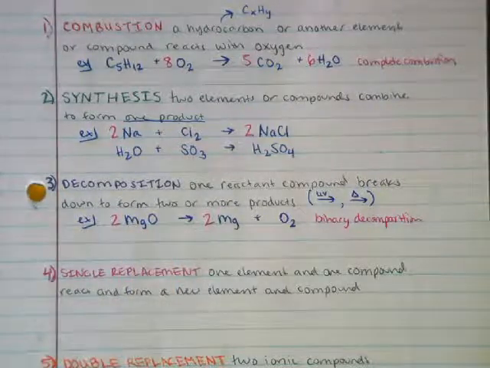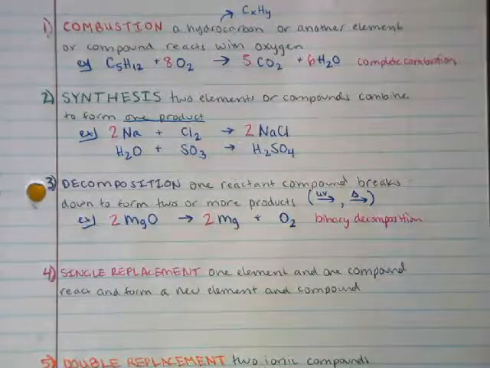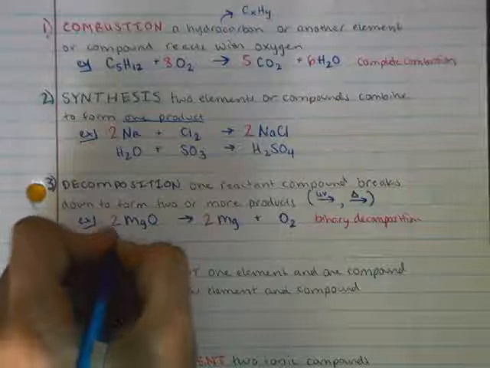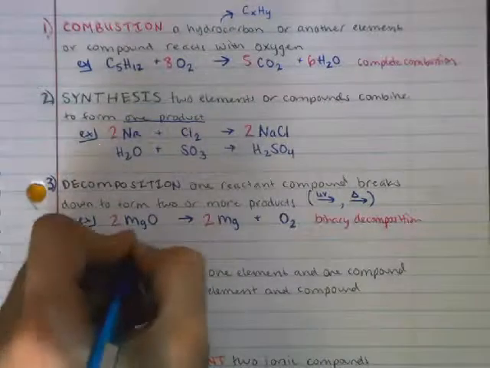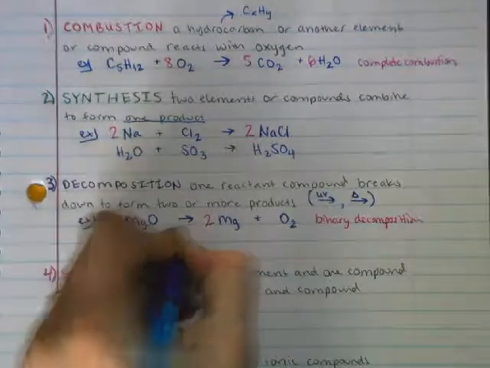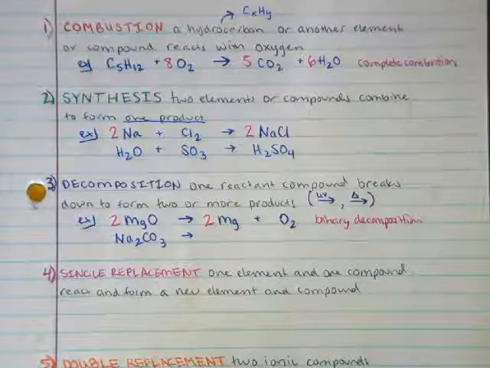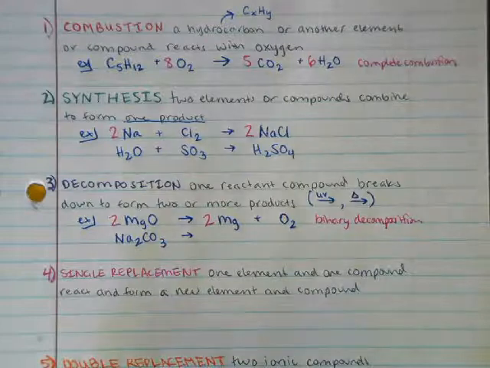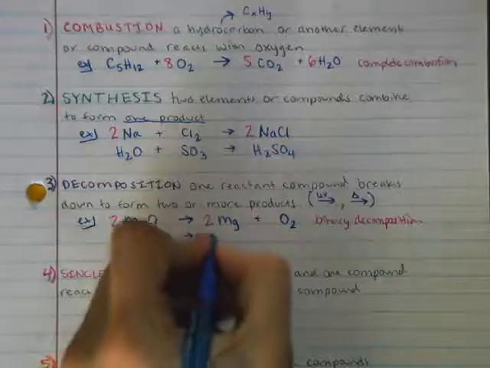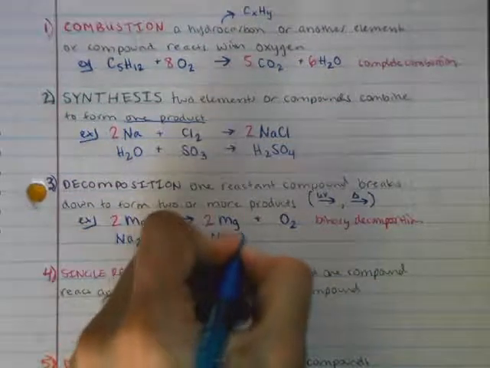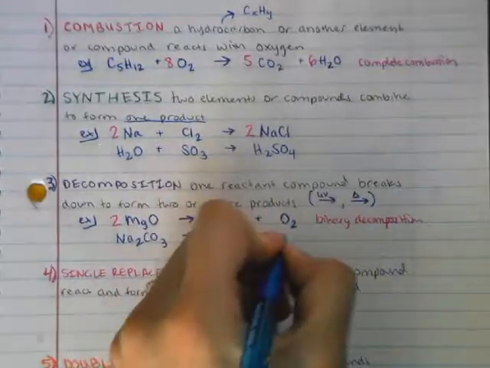Another example of a decomposition reaction would be with a compound like this, something that has a polyatomic ion in it typically. So this is sodium carbonate, and sodium carbonate is going to break down or decompose into sodium oxide and carbon dioxide.